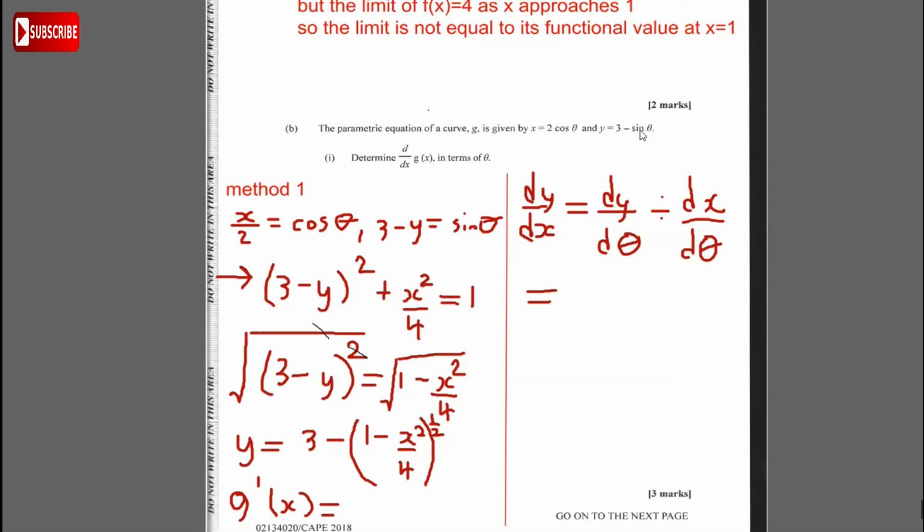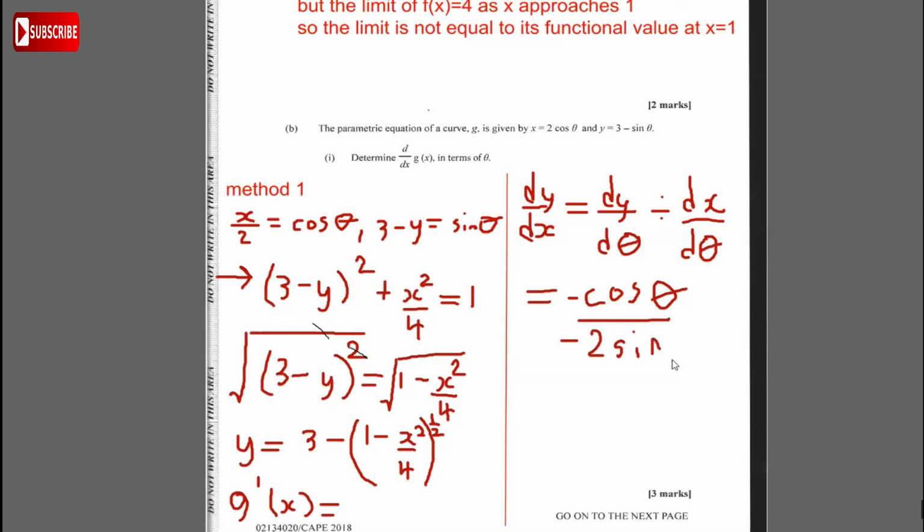When you differentiate sine, you get cos. That's going to be minus cos theta, divided by dx by d theta. When you differentiate 2 cos theta, you get minus 2 sine theta.